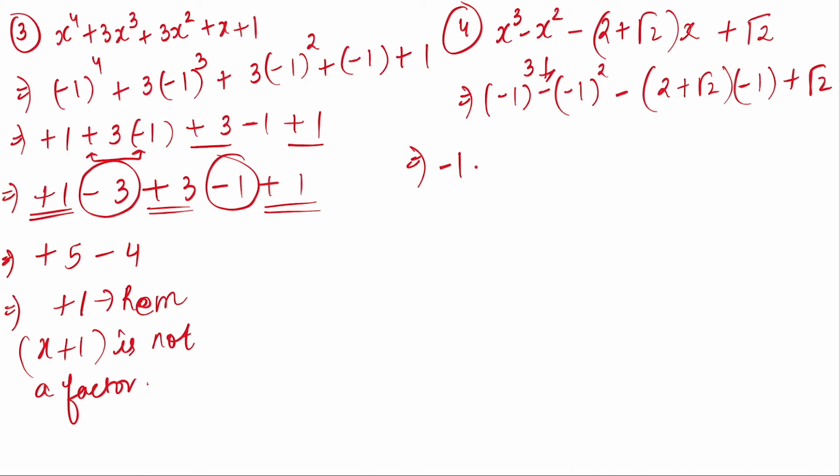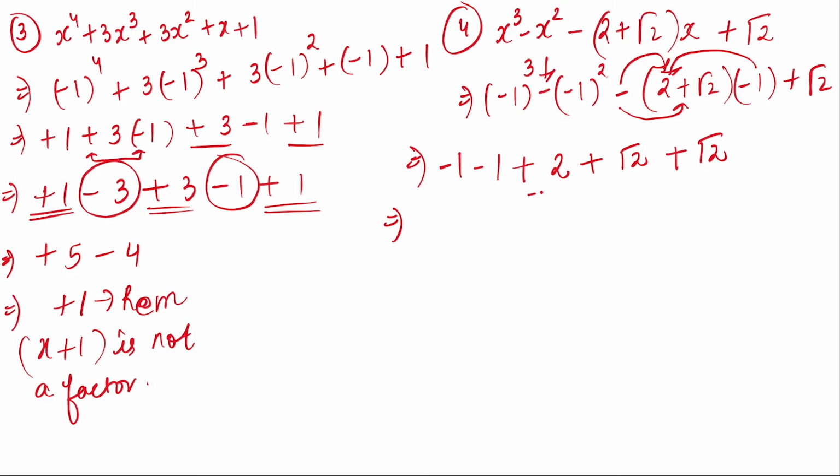Plus 1 into minus will give us minus 1. Opening the bracket, minus into minus gives plus, 1 into 2 will give us 2, and minus into plus will give us minus, but from minus 1, minus into minus will again give us plus. Root 2 into 1 is root 2. The last one is root 2. So try opening the brackets on your own, you will get the same result.